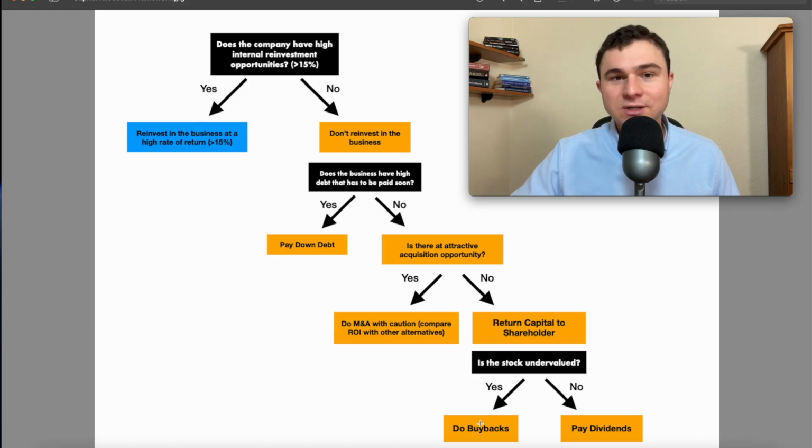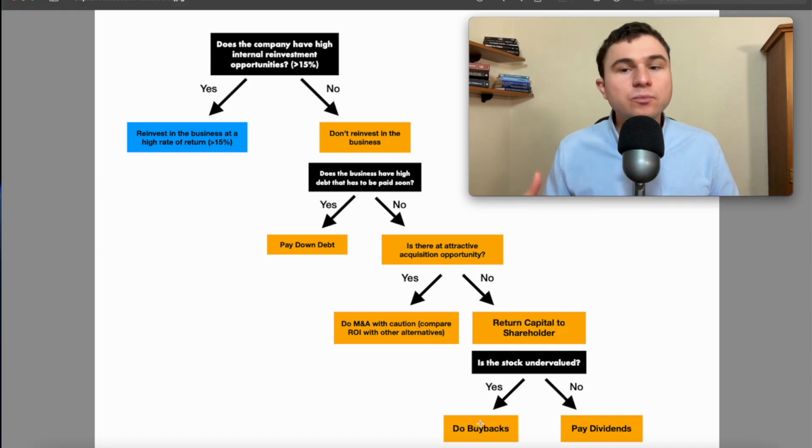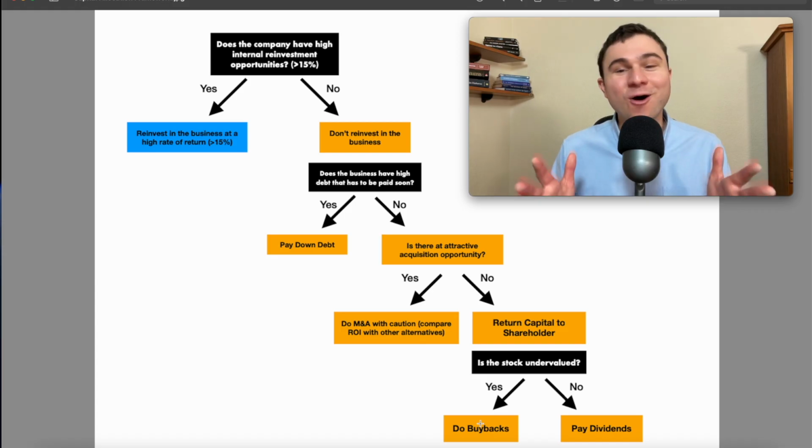You have so many examples of this. One I love and have in my portfolio is AutoZone. Over the past 20 years, they have improved their operations a little bit, increased the revenue by a little bit, only doubled. Okay, they have improved efficiency over the years, more margins. And all the free cash flow was used to do buybacks when the stock was cheap.